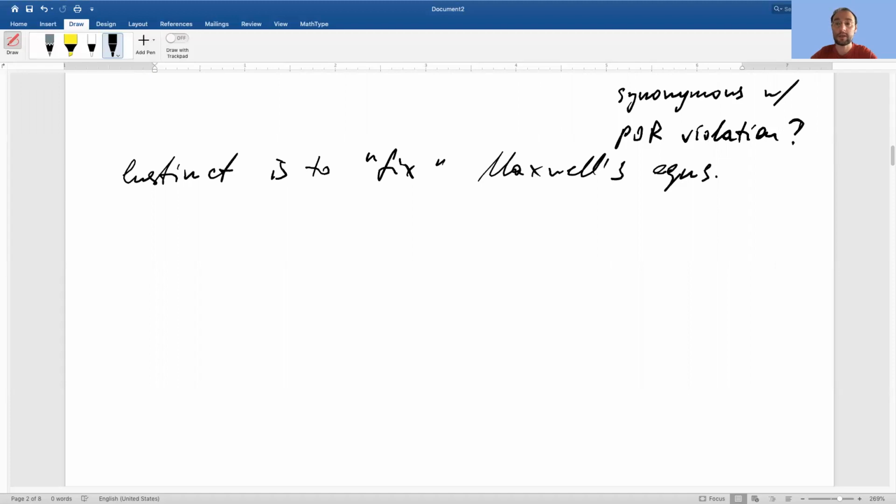Maxwell's equations actually predict the speed of light, which was checked experimentally long before that, about 2.99 times 10 to the 8 meters per second. And that speed is independent of the motion of the source, okay?